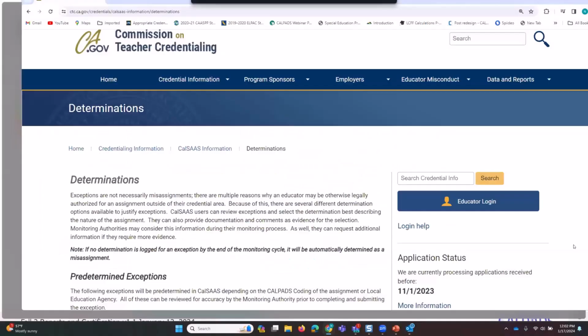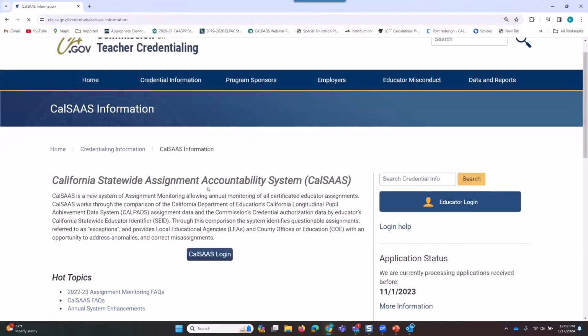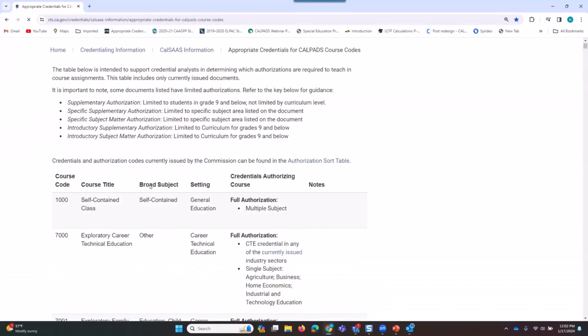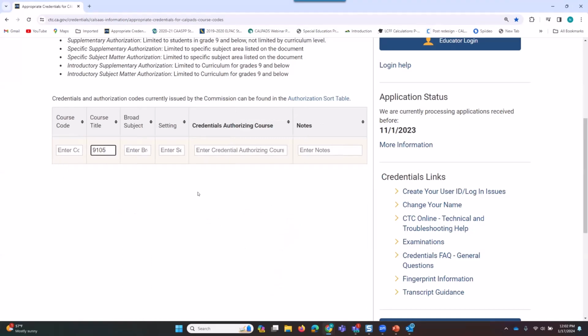And so coming back to here, let's go to CalSAS information, appropriate credentials for CalPADS state course codes. And I think it was 9105 was the English course. Course title.